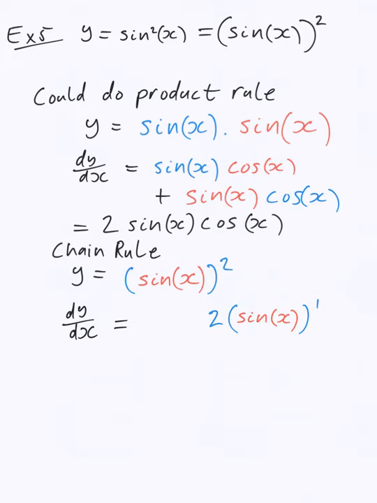Finally, we multiply in front by the derivative of what's in the brackets, the derivative of that red part. The derivative of sine x is cosine of x, so we multiply in front by cosine of x. Then we tidy all that up to give our final answer, which is dy dx is equal to twice sine x times cosine x, the same answer we got from the product rule.